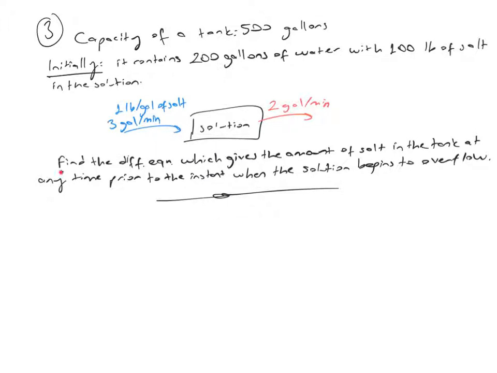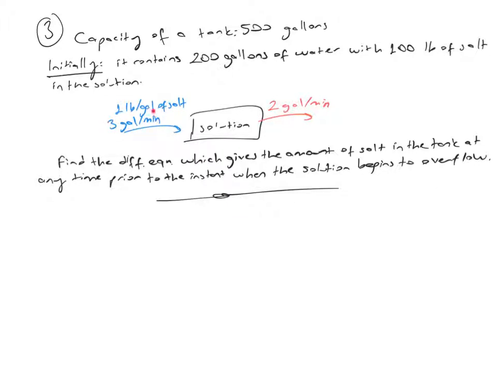We are asked to find the differential equation which gives the amount of salt in the tank at any time prior to the instant when the solution begins to overflow. First of all, we need to determine how much time we have before the overflow, and the differential equation will be valid in that time interval.